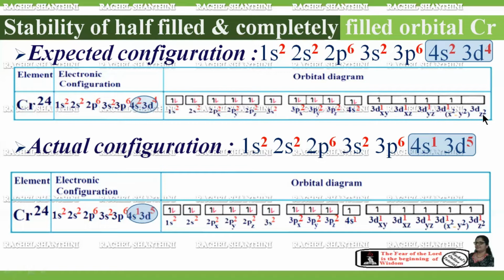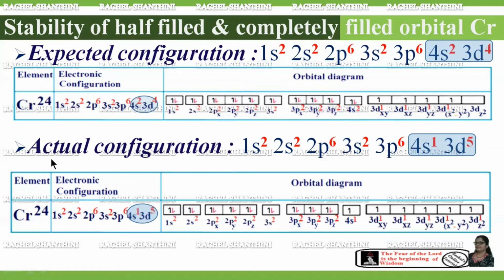If you notice the 3d orbitals, the electrons in them are not symmetrically distributed. We know that d orbitals can accommodate a maximum of 10 electrons. Here we have only 4 electrons. It is neither completely filled nor half filled, right?